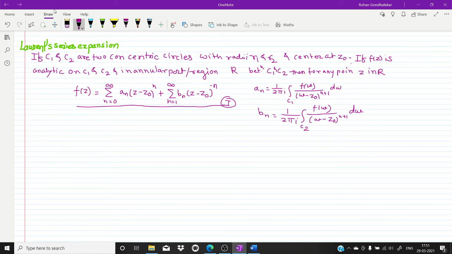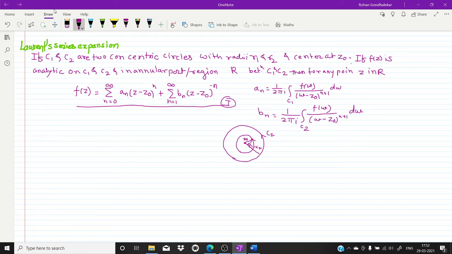Now what exactly have they specified here? See, we have two concentric circles. One is circle C1 and the other circle is C2, like this. Say this is my circle C1, this is our circle C2, and the center is Z0. C1 has radius R1, C2 has radius R2.